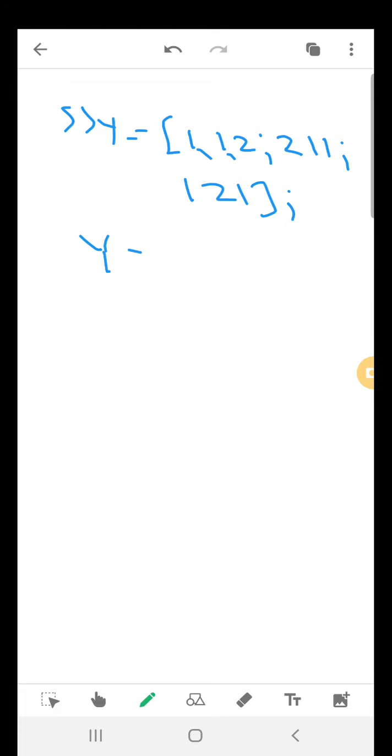So Y is 1, 1, 2, 2, 1, 1, 1, 2, 1. This is also a 3 cross 3 matrix.